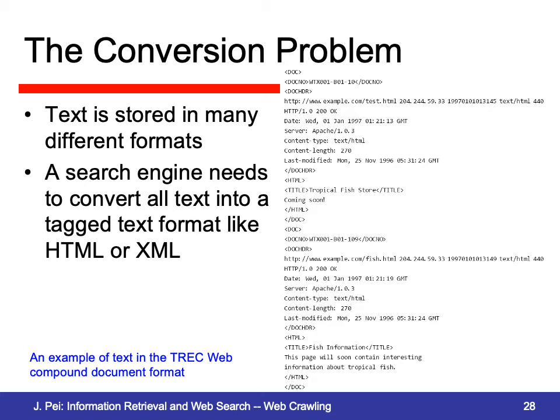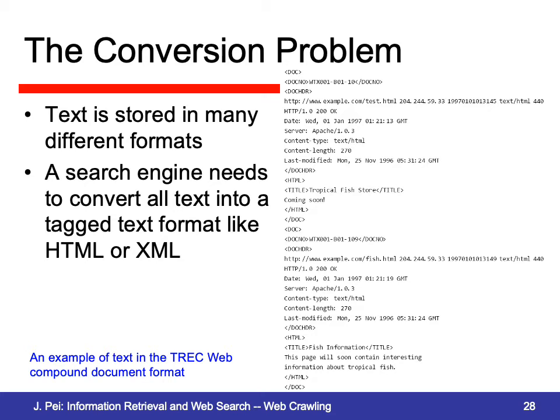The reason is that the text on the web is stored in many different formats. A search engine needs to convert all the text into a targeted text format like HTML or XML so that it can be stored and retrieved later in a consistent manner.